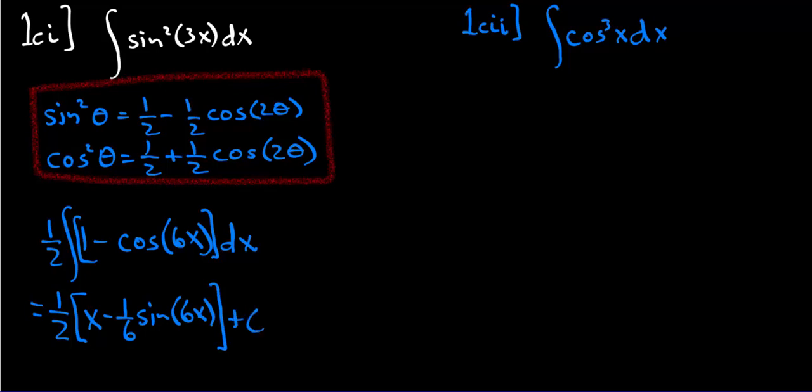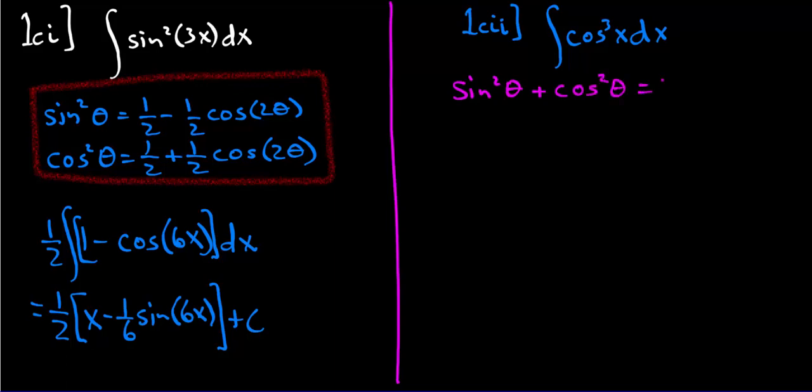There we have it. Now, if you're maybe not sure, you can go back through and differentiate it, and you'll get what you're looking for. Now, this next one over here, we've got cosine cubed, so we've got an odd power. Here's what you think about when you see odd powers of these trig functions. You think about sine squared theta plus cosine squared theta equals 1.